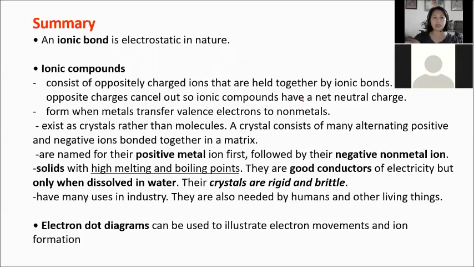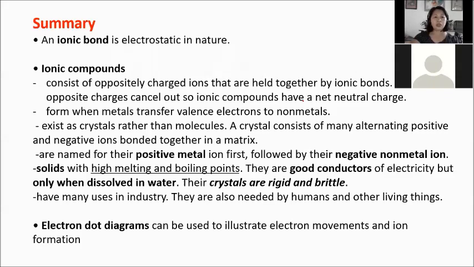To name an ionic compound, name the first metal, identifying the kind of metal with its complete name, followed by part of the name of the non-metal, and then add -ide.